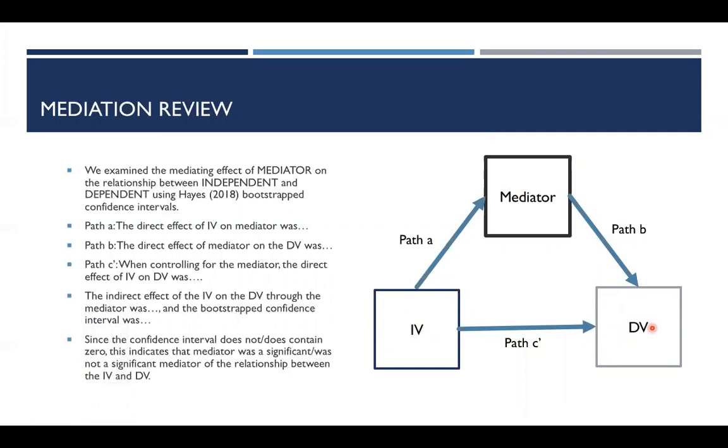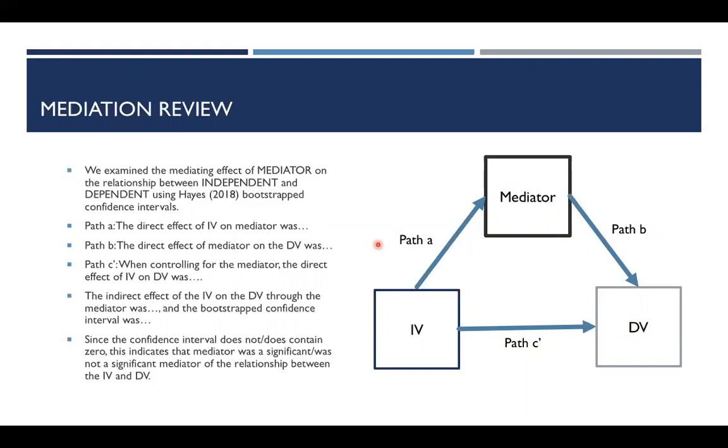When we're thinking about a mediation analysis, of course, we have those three variables, and we focus on three different paths. We focus on path A, which is the direct effect of the independent variable on the mediator, path B, which is the direct effect of the mediator on a dependent variable, and path C prime, which is the effect of the independent variable on a dependent variable controlling for the mediator.